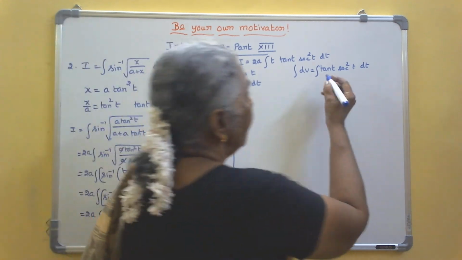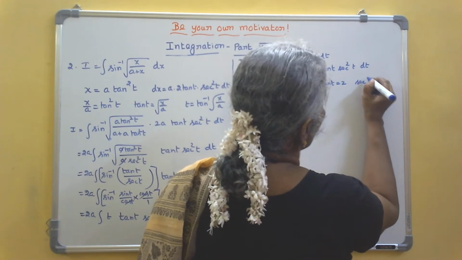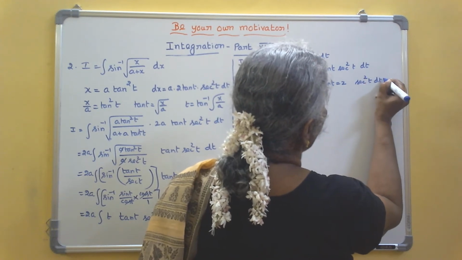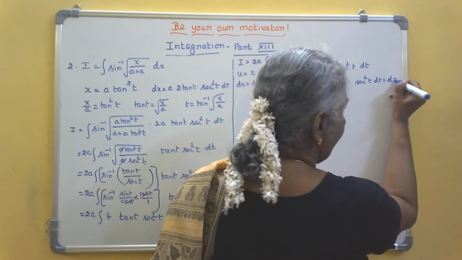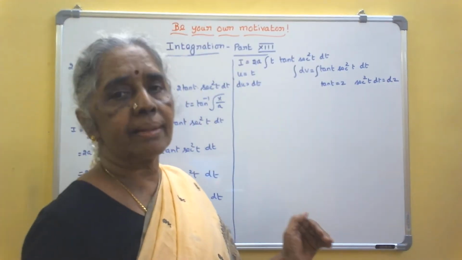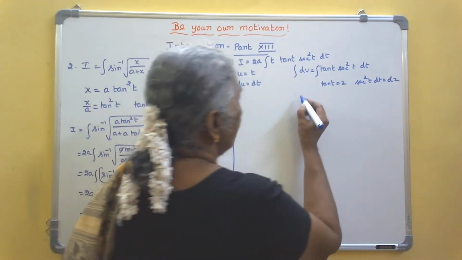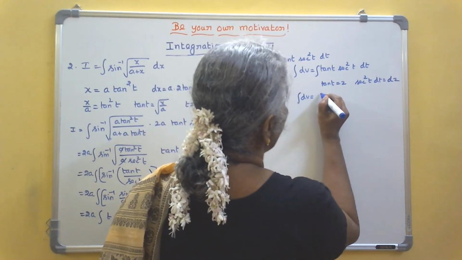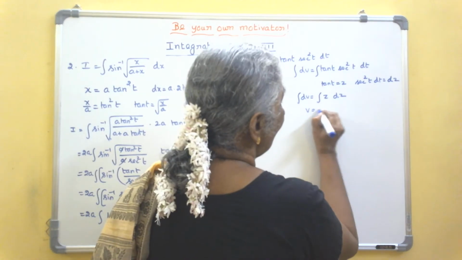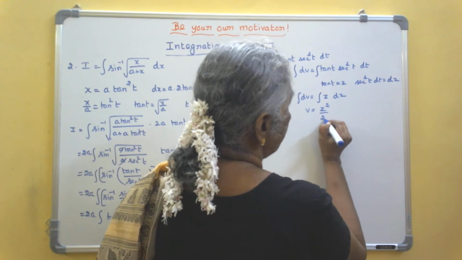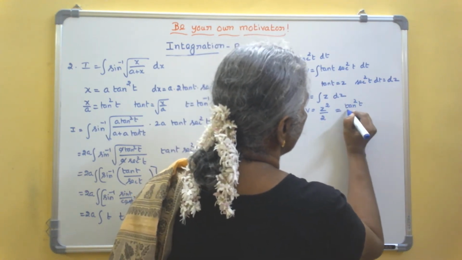So now we can substitute here tan t is equal to z. So secant squared t dt will become dz, right? Tan t is z, so that secant squared t dt will become dz. So now you will get integral dv is equal to, here you will get z dz. So v will be z squared by 2. What is z? Z is tan t. So tan squared t by 2.